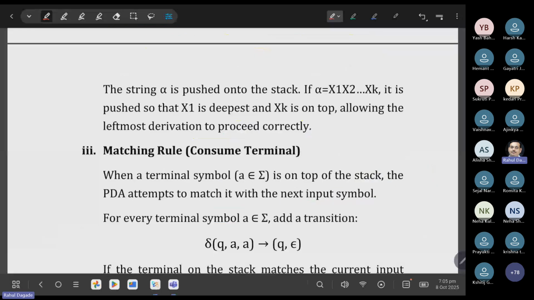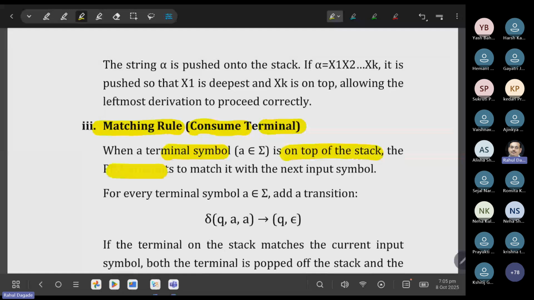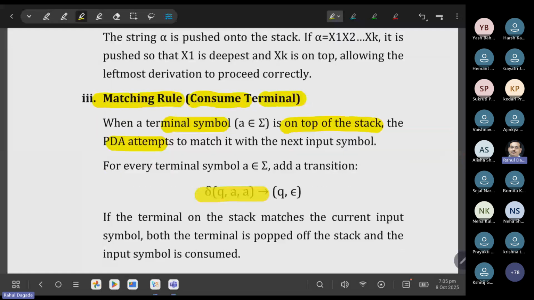Now the last rule is called the matching rule, or consume terminal. When we have a terminal symbol on top of stack and the input is also that terminal, then we pop the terminal symbol from the top of stack.